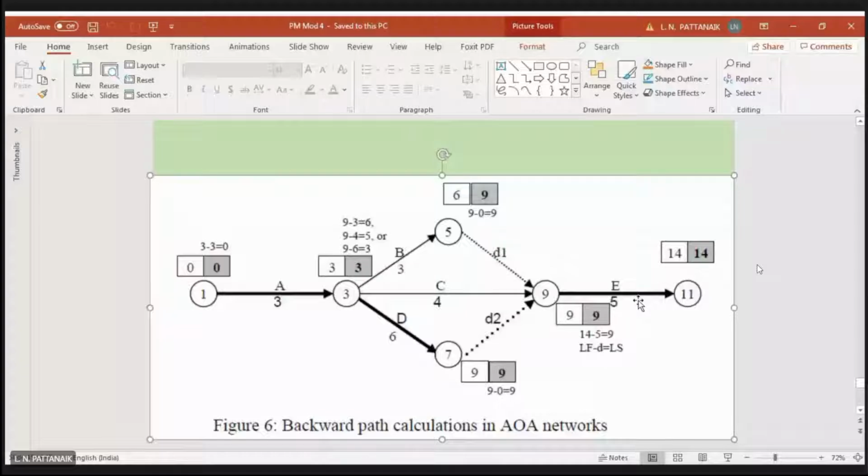In the other path, 3 plus 4 is 7, 7 plus 5 is 12, which is less than 14.